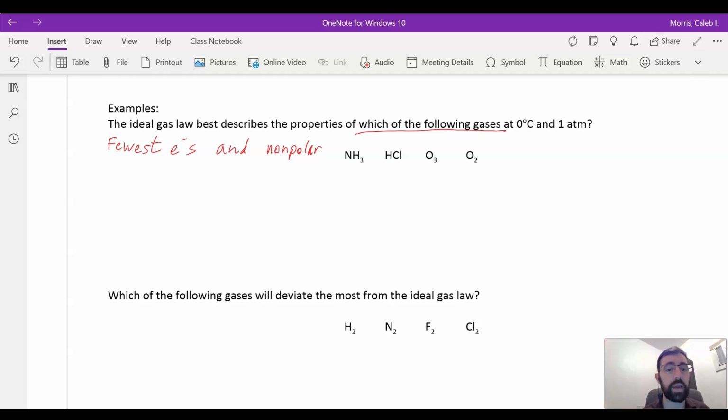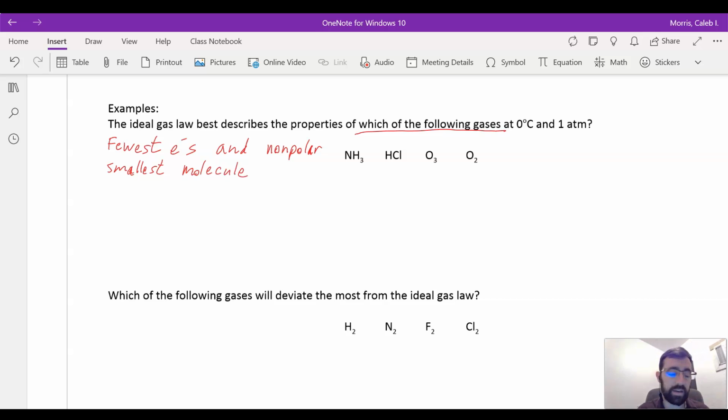That's going to reduce the dipole-dipole forces or hydrogen bonding forces if that applies. So that talks about the intermolecular forces side. In addition to that, we also need to think about the volume it takes up. So we also want the smallest molecule.